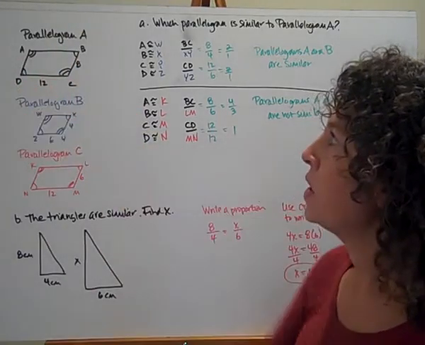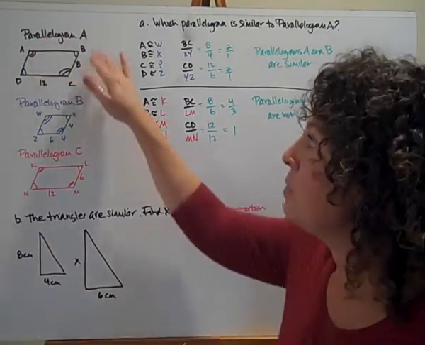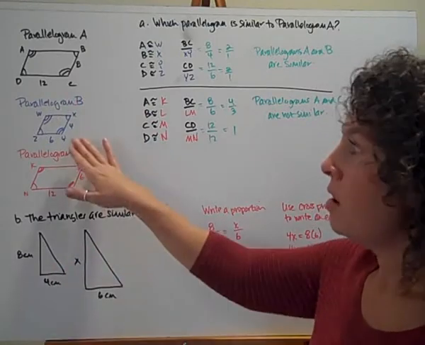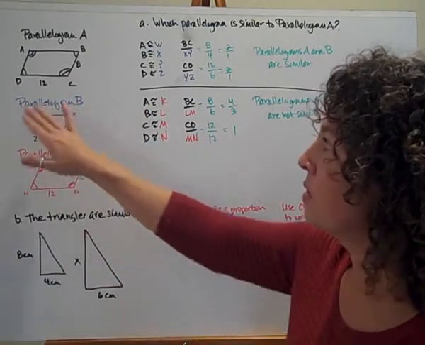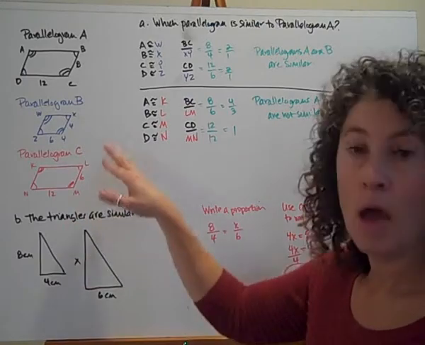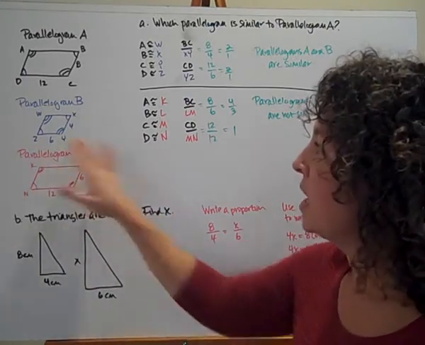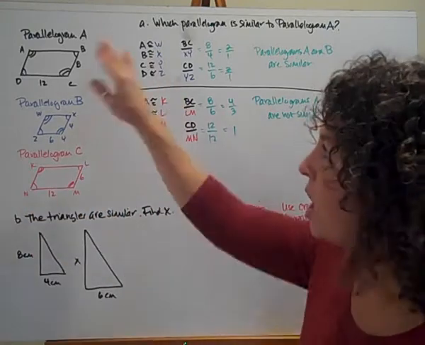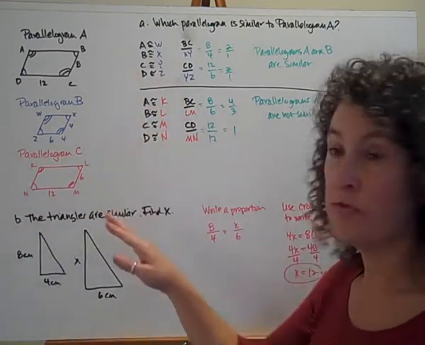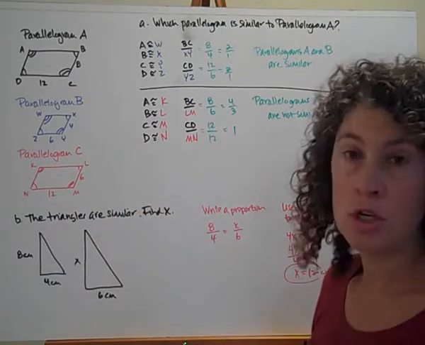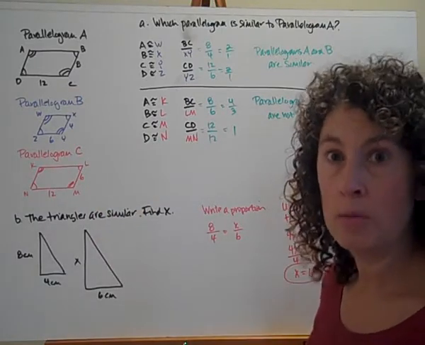I've called my corners in parallelogram A, B, C, and D, in parallelogram B, W, X, Y, and Z, and in parallelogram C, K, L, M, N. So I can talk about the different sides and vertices in each of these shapes and compare them to each other.